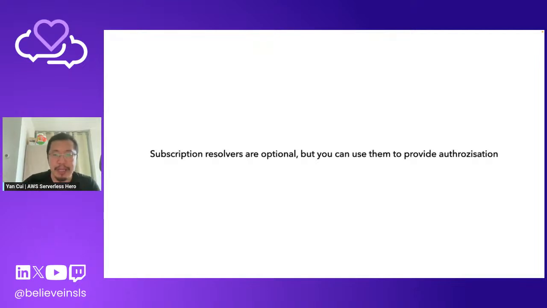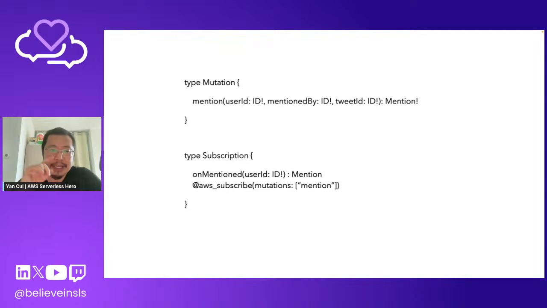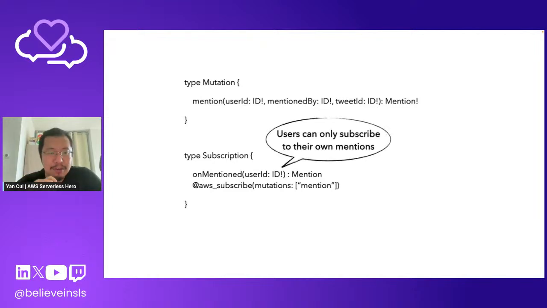So the way you do that, in this case, for example, is that when someone makes a mention mutation, I can subscribe to my mentions. But then I want to be able to lock it down so that a user can only subscribe to the mentions of their own profile ID or user ID.